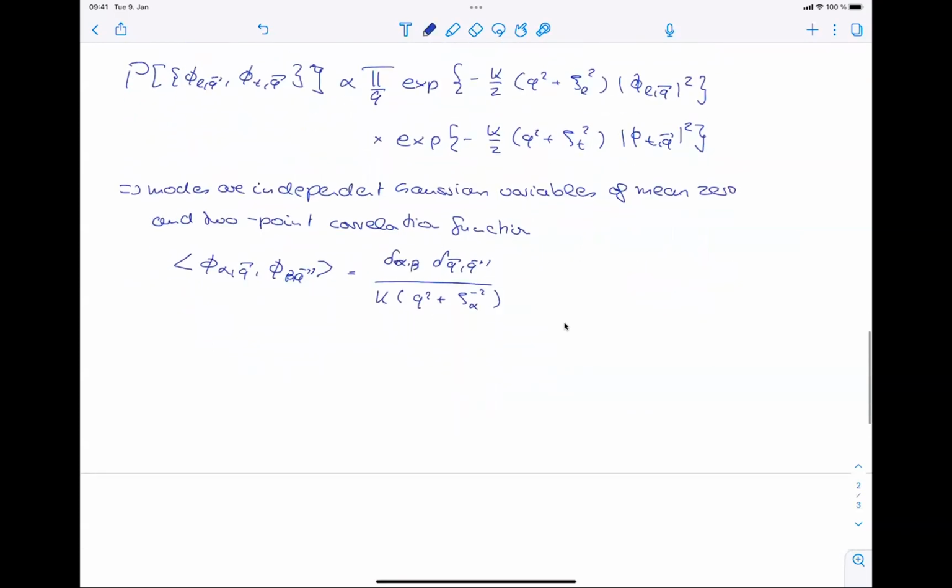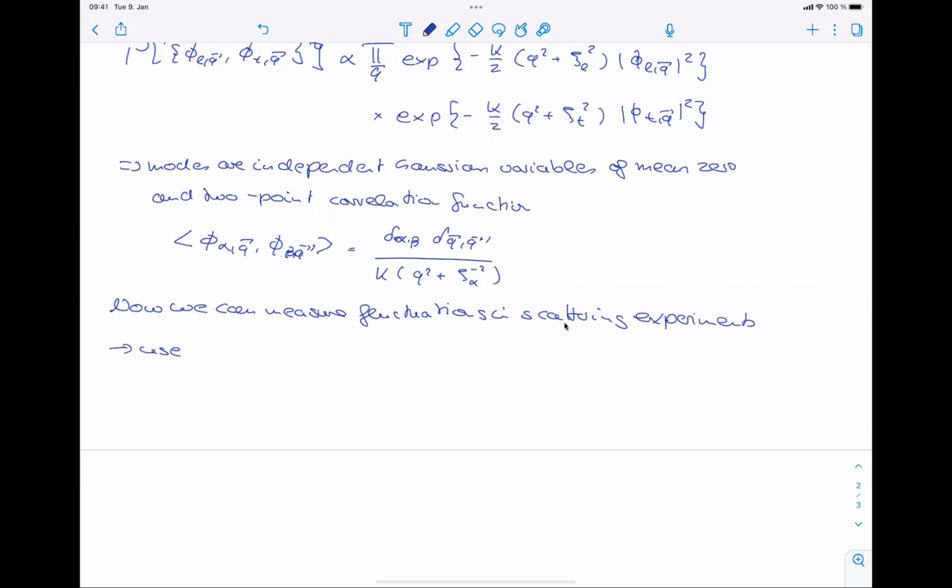Just to give some more details and connect to experiments: we can use neutrons, which have a magnetic moment but are uncharged, to probe the magnetization.